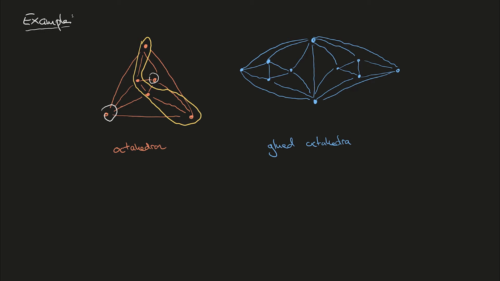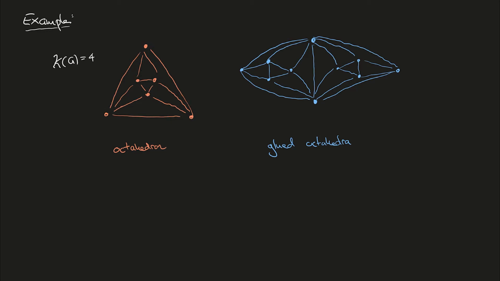Hence, this argument shows that kappa G is 4. In other words, if we remove fewer than 4 vertices, we can't disconnect this graph, and 4 is the largest number for which this holds, because we can remove 4 vertices and disconnect the graph. So this graph can't be 5-connected.